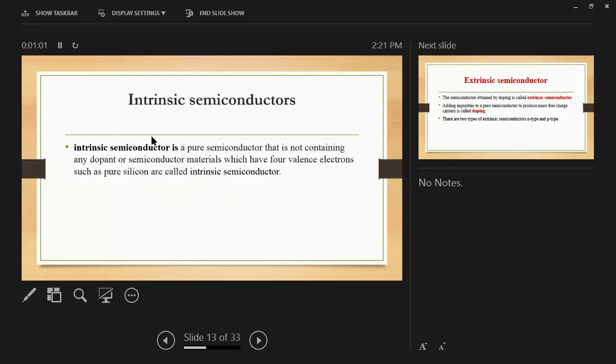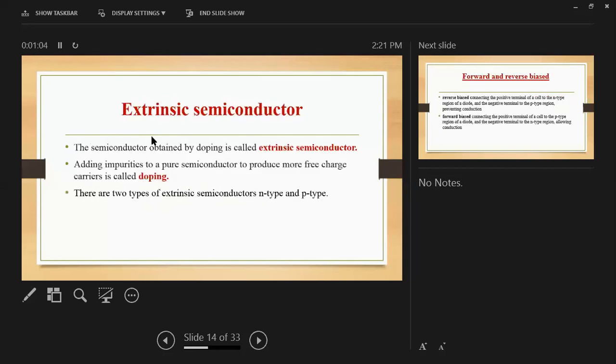The second type of semiconductors are extrinsic semiconductors. We get these semiconductors by doping, like by giving them electrons or taking away electrons from them. There are two types of extrinsic semiconductors, N-type and P-type.